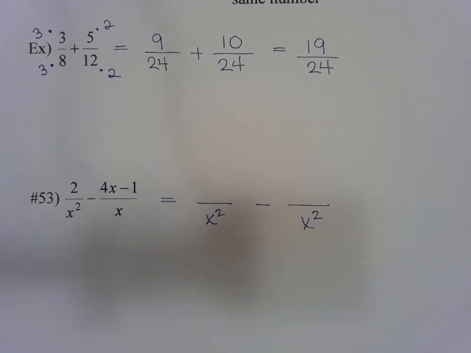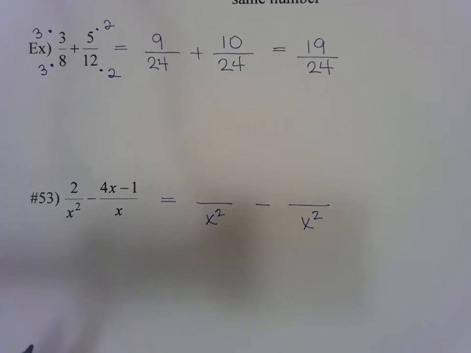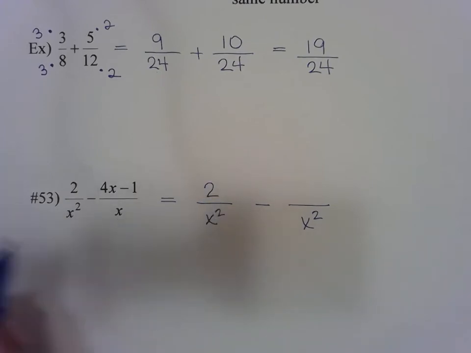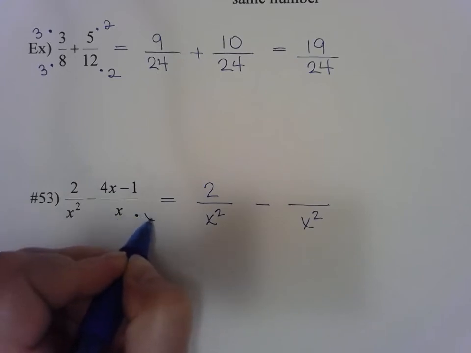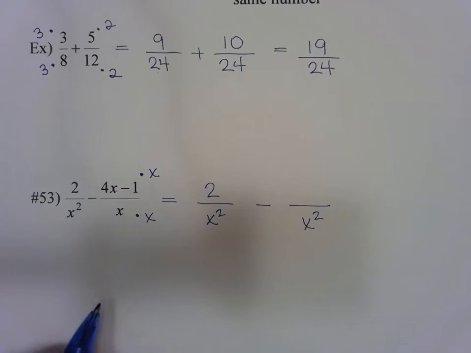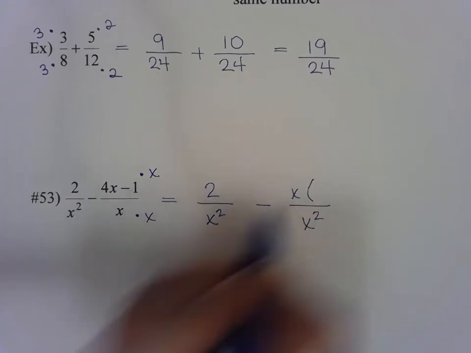Again, if you used x cubed, it wouldn't be wrong, but this would be the smallest thing you could use. Okay, so I really am not changing the first fraction because I still have the same denominator I'm using, but I am changing the second fraction. I'm multiplying it by x on the bottom and on the top. So in the top, I'm going to put the x in the front just because that's how we're used to seeing it.